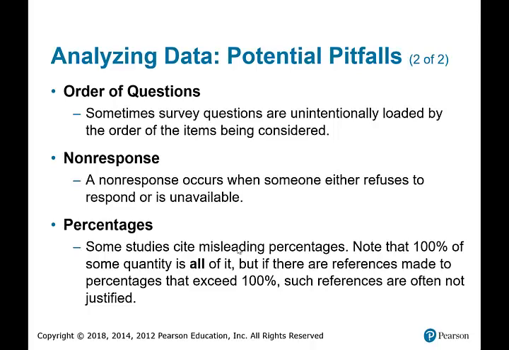Non-response. When a subject refuses to respond or isn't available, you have to take that into consideration in your analysis of the data. Does that impact your analysis? For example, we collect data on student performance and student learning outcomes in a particular course and at the college level.